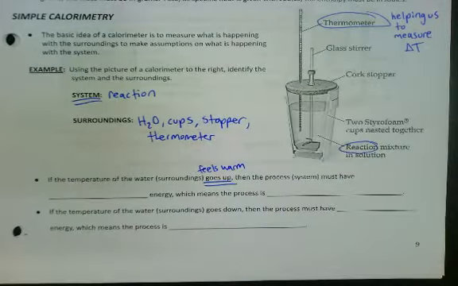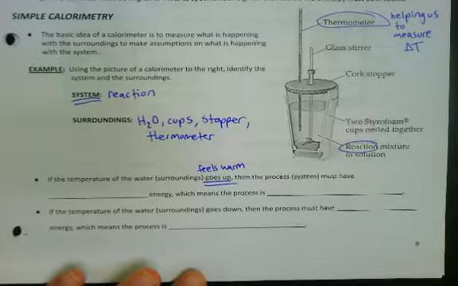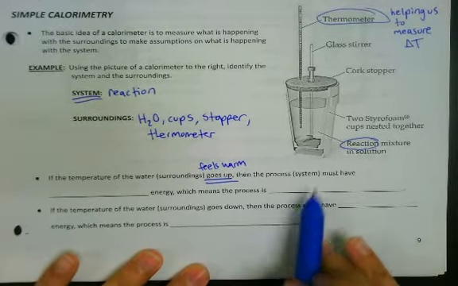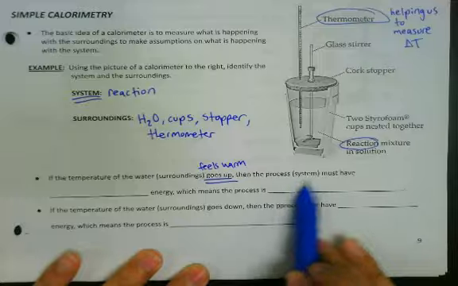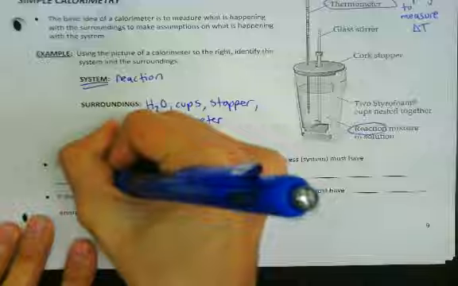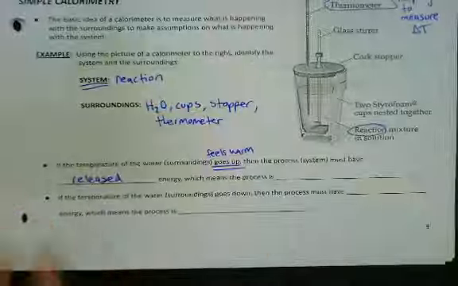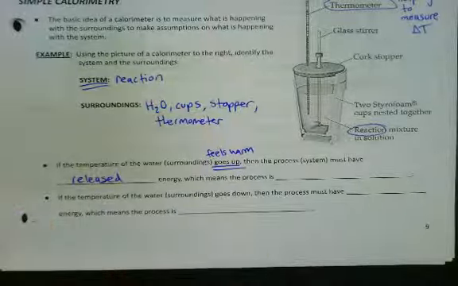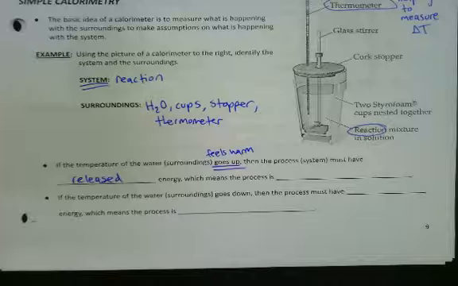Okay, we feel that as temperature's going up, we're like, okay, that's getting warm. As the temperature of the water goes up, then the process or the reaction, aka the system, must have released energy. The temperature is going up because the reaction released energy to the water. The water is absorbing that energy and going up in temperature.